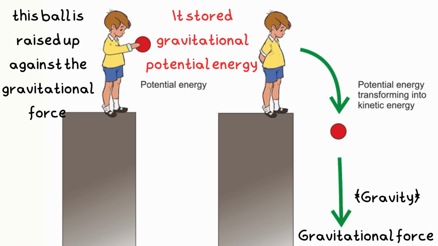So the energy that is stored in objects due to their position is called gravitational potential energy. As this ball, when the boy lets it drop, what happens? Yes, it will move to the ground. Here, the gravitational potential energy will change into kinetic energy.